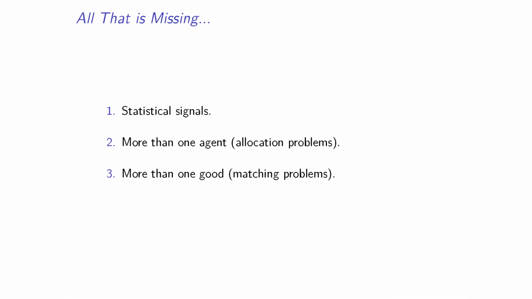Now, all that's missing here, first, is statistical signals, and this has been done by a paper from my colleagues at Northwestern, Lee, Matuszek, and Powell. So that's already finished. What we are doing now is to look at more than one agent. So we are not only looking at this single-agent environment of deciding whether to produce or not.